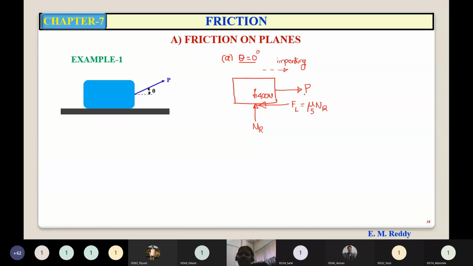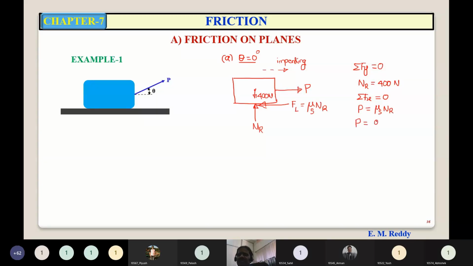As the body is in equilibrium, we can write summation Fy is equal to 0. So normal reaction is equal to 400 Newton. Writing summation Fx is equal to 0, we have P is equal to mu s into normal reaction.